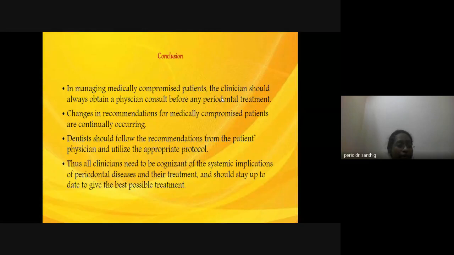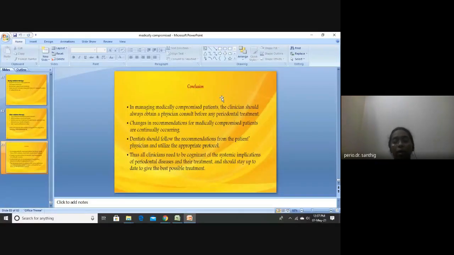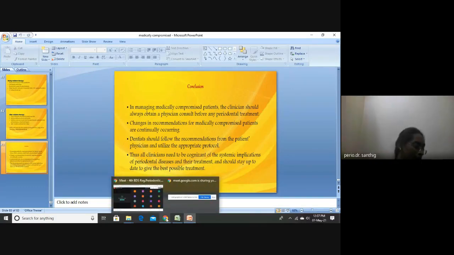And the dentist should follow the recommendations from the patient's physician and utilize the appropriate protocol. So the clinician needs to be cognizant of the systemic implications of periodontal disease and the treatment, and should stay up to date to give the best possible treatment. So that is about the periodontal treatment in the medically compromised and geriatric patients.